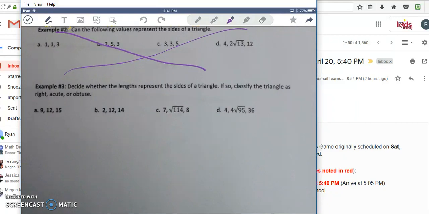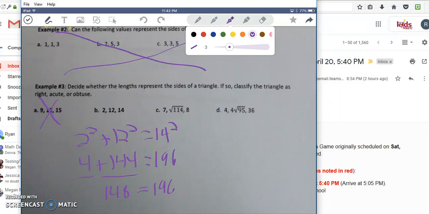So we're going to cross this one out, and we're going to look at B. 2 squared plus 12 squared equals 14 squared. 2 squared is 4. 12 squared is 144, equal to 14 squared, which is 196.